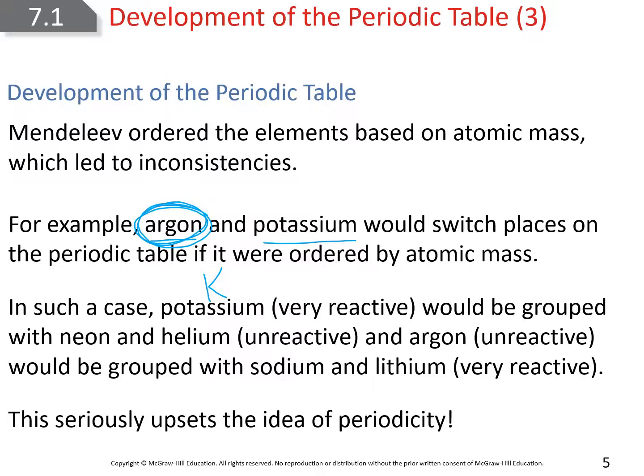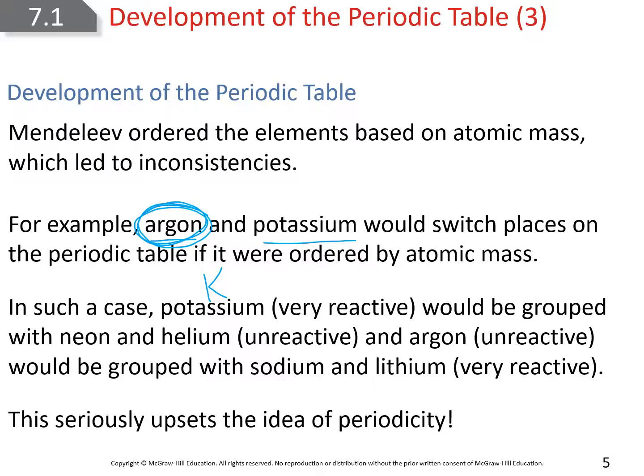When I was in undergrad in the 90s, we still referred to them as the inert gases, inert meaning non-reactive. Today, we can't call them non-reactive anymore because, for example, xenon, we can force into a reaction with fluorine, which is exceptionally reactive, for a very unstable short amount of time.